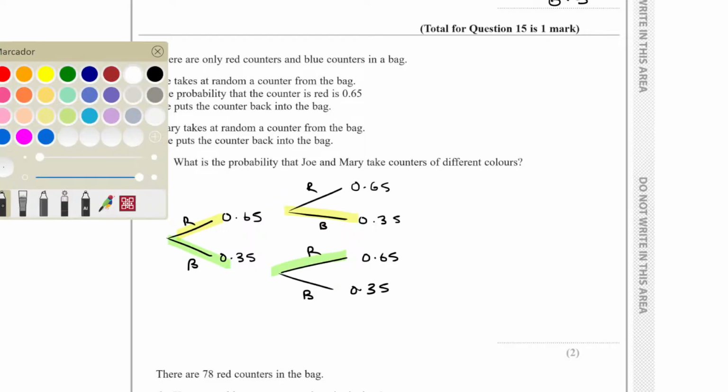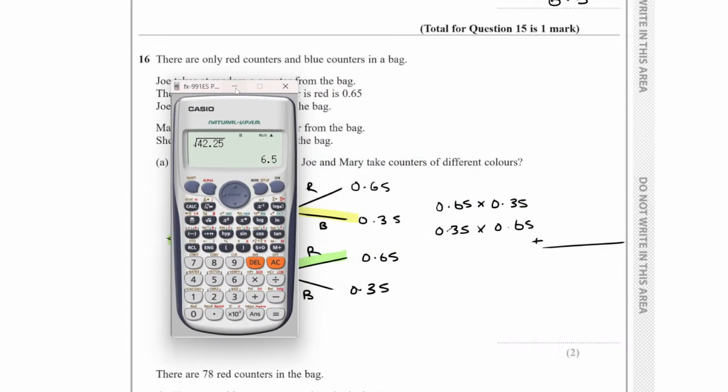So what is the probability that Mary and Joe take different counters? That'd be either, let's say, Joe takes red, Mary takes blue, or Joe takes blue, Mary takes red. So it's basically just the 0.65 times 0.35 twice, isn't it? Between the branches of a tree, you always multiply. And then if you've got more than one option, then you add them together. We've got two options here.